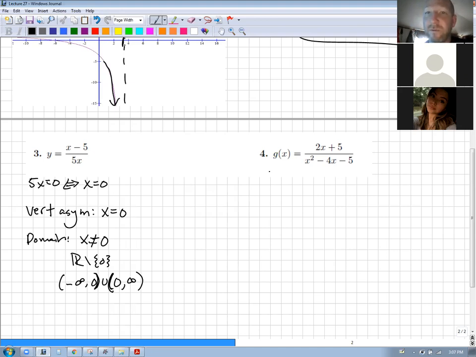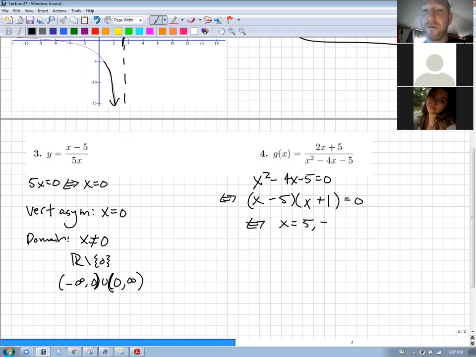So there's number 4, same thing, x squared minus 4x minus 5 equals 0. We need to factor this. We need an x and x. Let's see, minus 5 plus 1. Yeah. We can only have x equals 5 or minus 1.